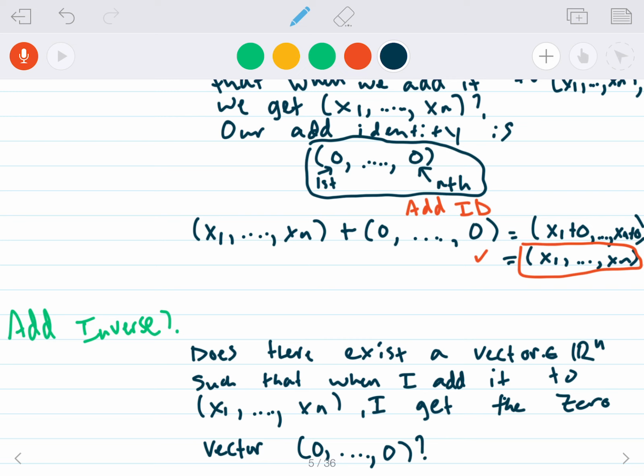And maybe pause the video and think about if there is such a vector that exists in Rn, so that when you add it to x1 to xn, you get the 0 vector.